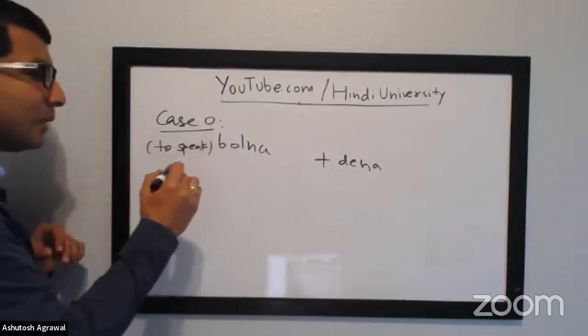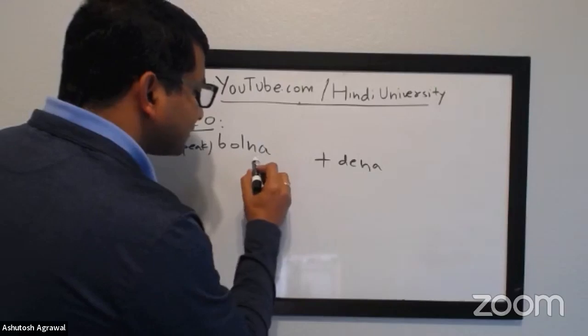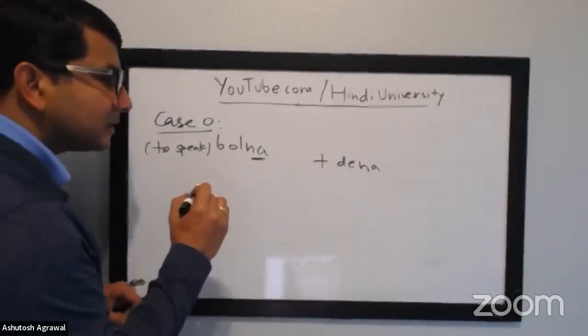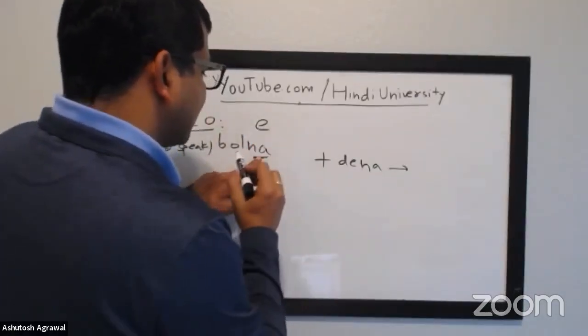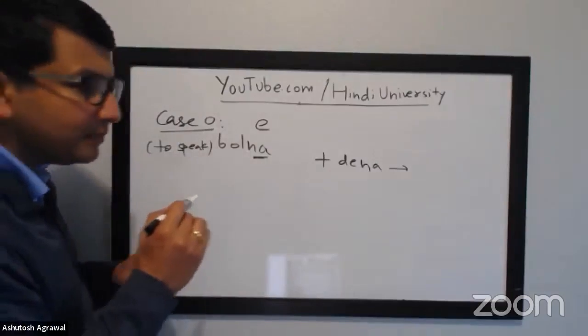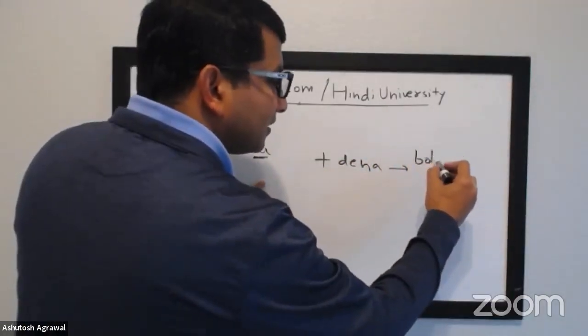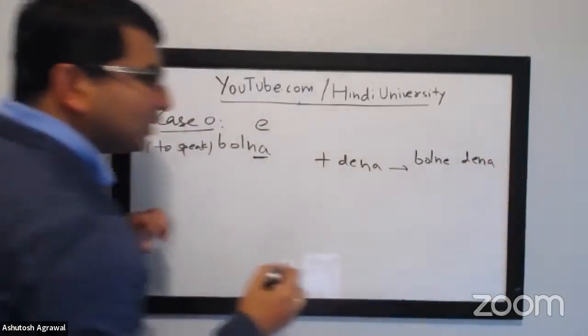Now, when you add bolna and dena, this part converts into an oblique case and changes into a sound, and it becomes bolne dena. Very good.